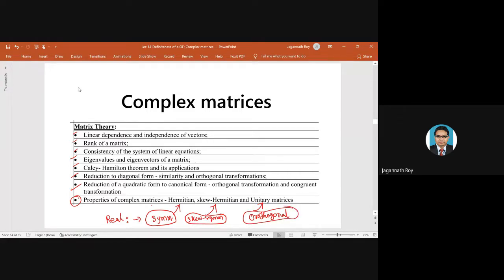The parallel concept of the symmetric matrix is Hermitian. Skew Hermitian is the parallel concept of the skew symmetric matrix, and the unitary matrix is the parallel concept of orthogonal matrices.